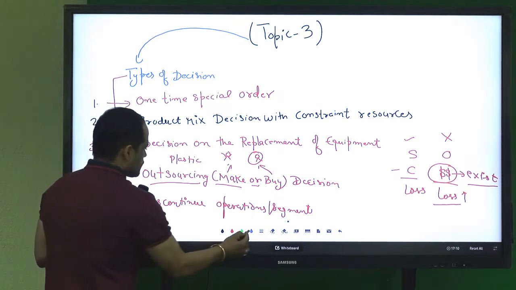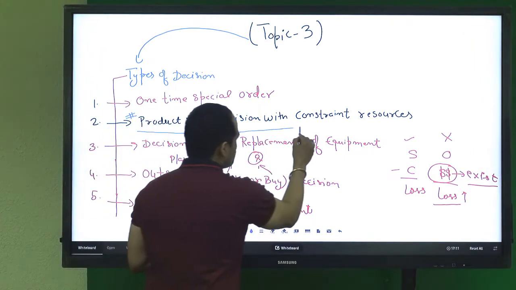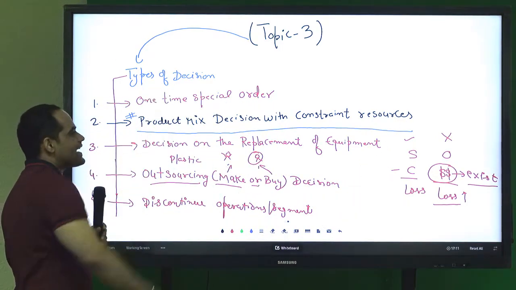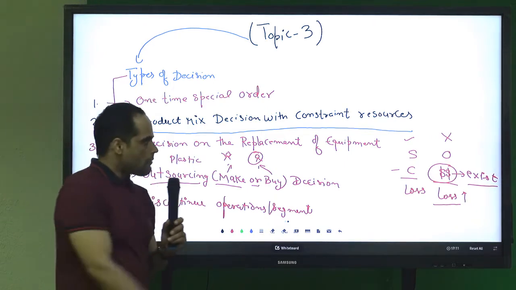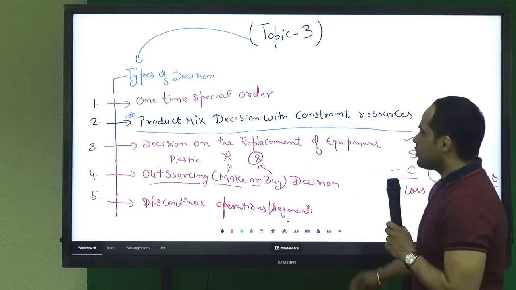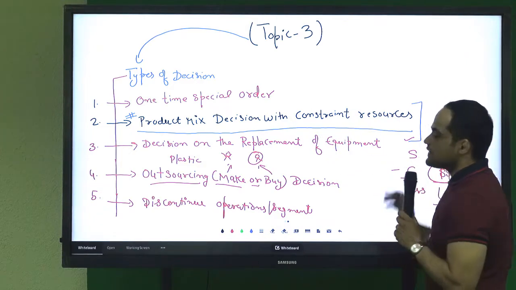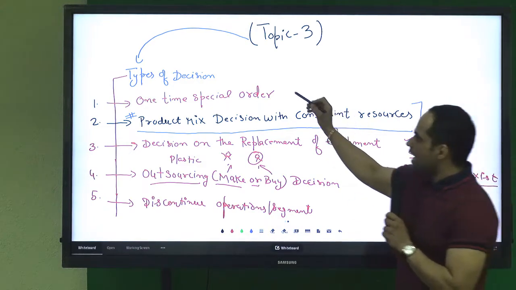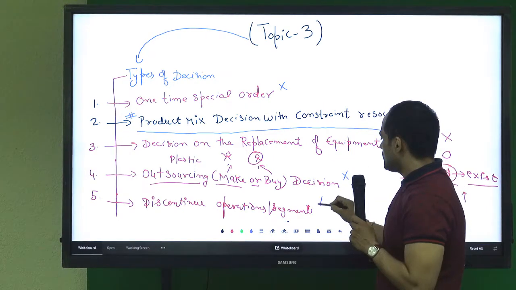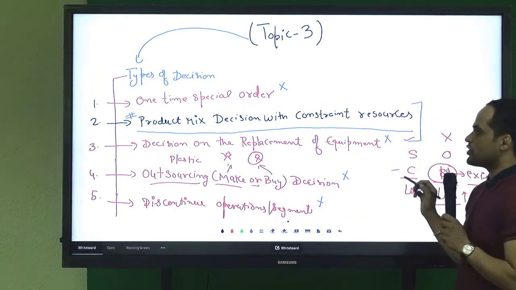Okay. Now we come to the main thing. Product mix decision with constraint resources. Keep in your mind, in your final exam, among these 5 decisions, the examiner will ask you only about this decision, which means you're not going to have any question from these 4 kinds of decisions.